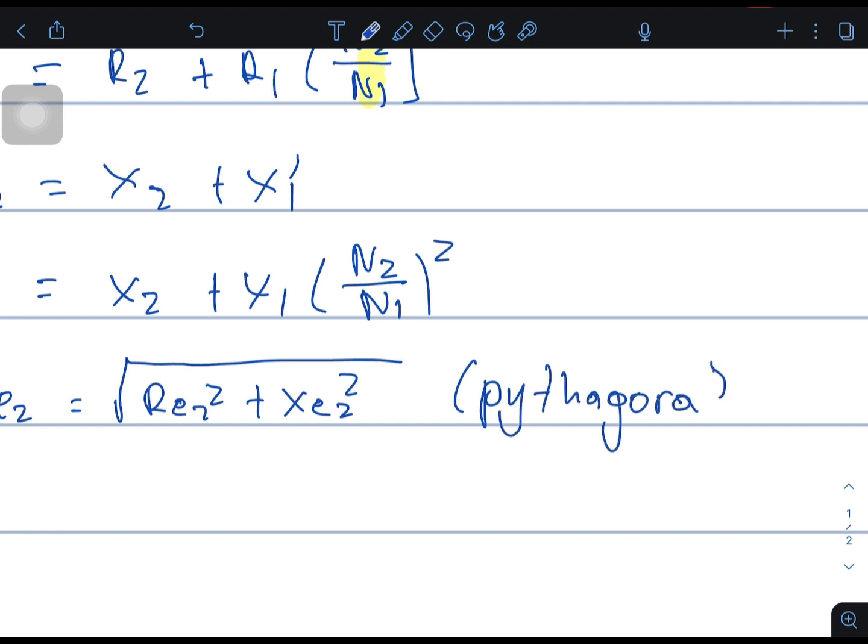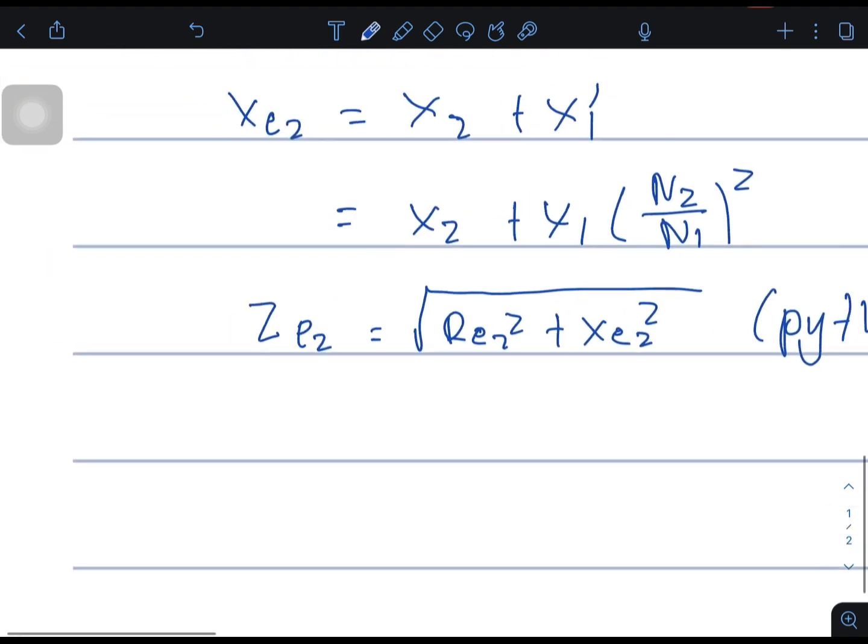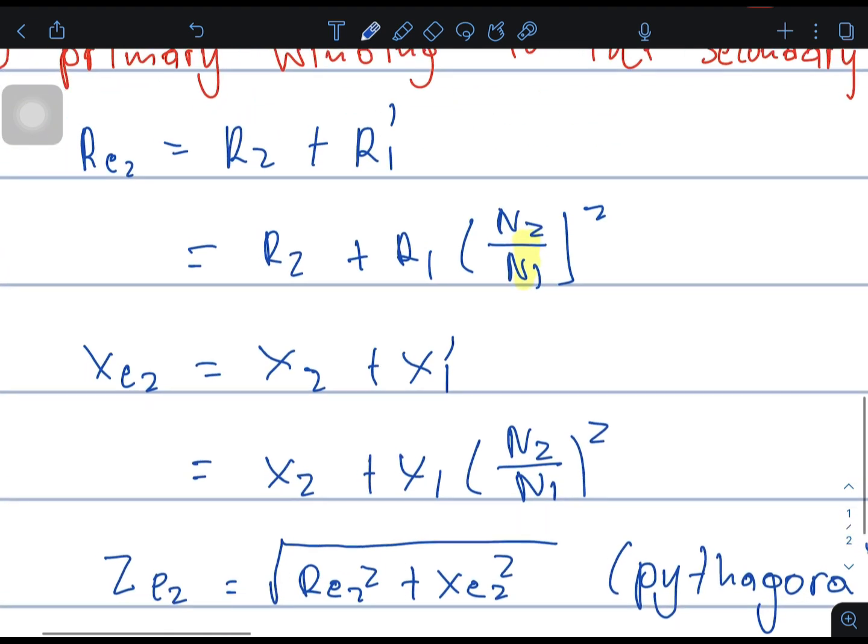And the last formula, guys. Remember, if you have a resistance, you have equivalent reactance, and you can write the impedance in complex number form.